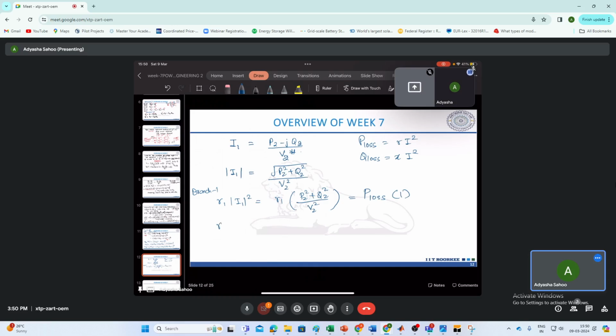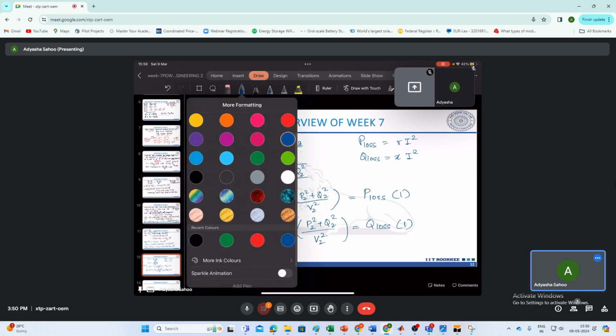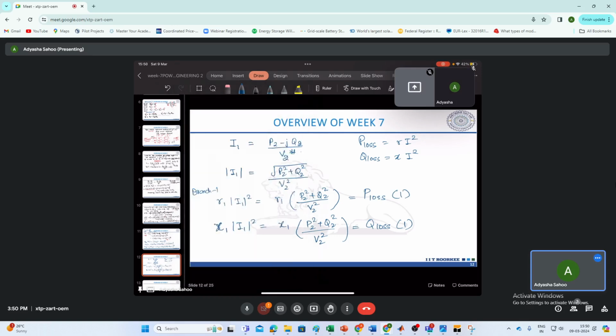And similarly, the Q loss will be X1 I1 square, which is X1 into P2 square plus Q2 square divided by V2 square, which is basically the Q loss in the first branch. So from here also you can write the generalized equations.